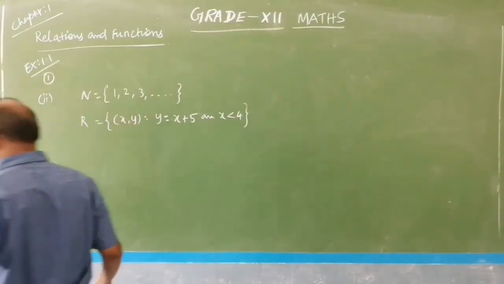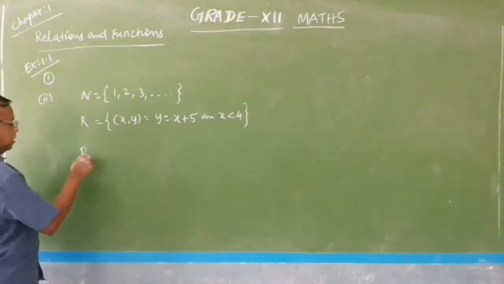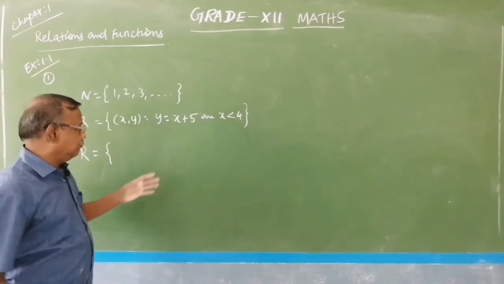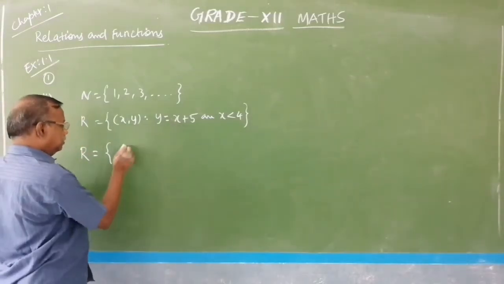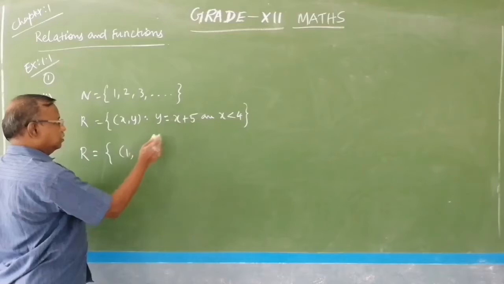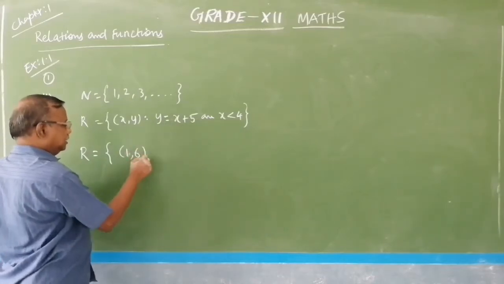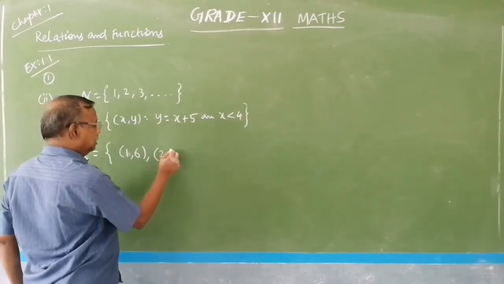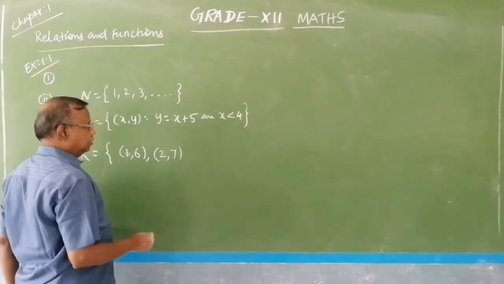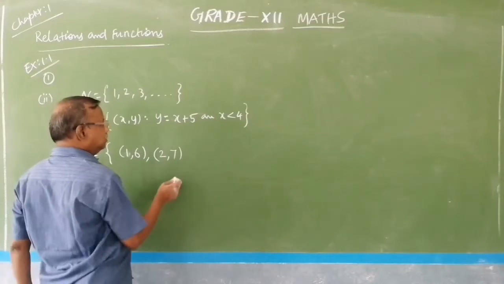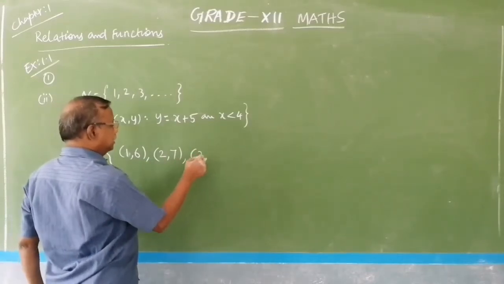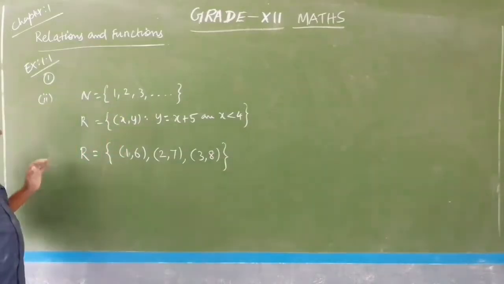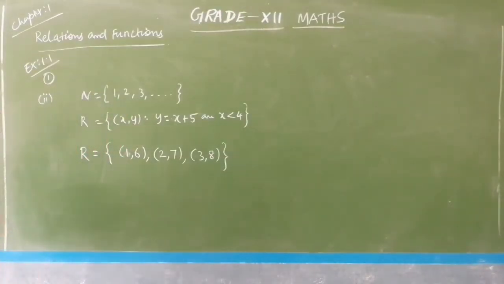So x less than 4 means 1, 2, 3 only. When x equal to 1, 1 plus 5, y equal to 6. Similarly, 2 comma 7 and 3 comma 8. So this is the relation we can explain.